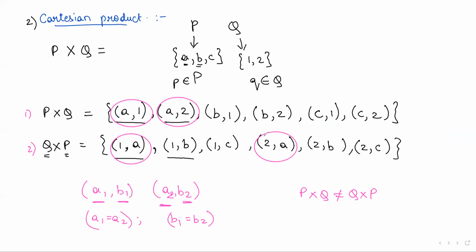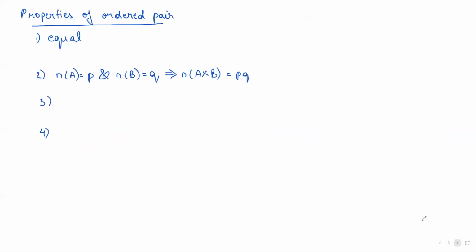Right now, let's study certain properties of ordered pairs to understand them better so that you do not make any mistakes with elements of Cartesian products. So, properties of ordered pairs: we understood how they are equal. They are equal only when the first element of one ordered pair is equal to the first element of the other, and the second element of the first ordered pair is equal to the second element of the second ordered pair.